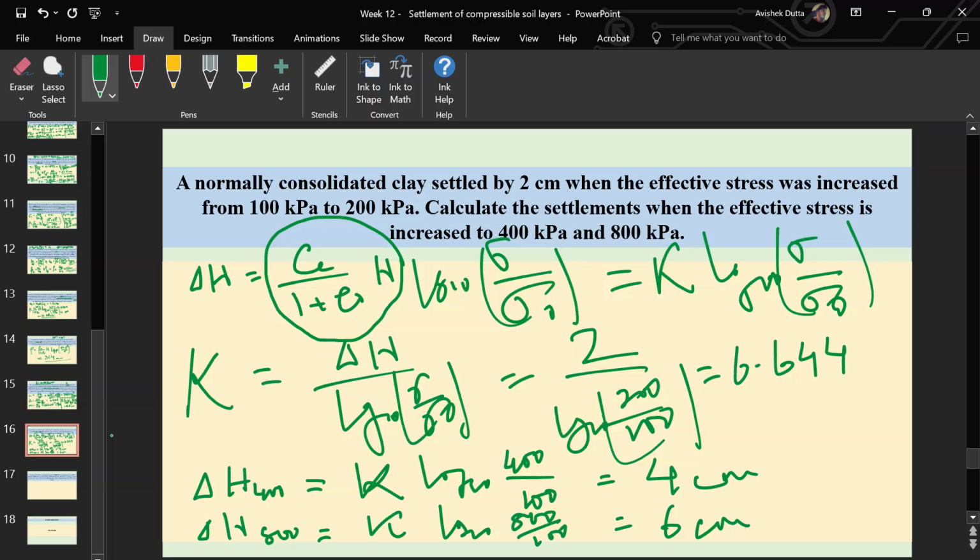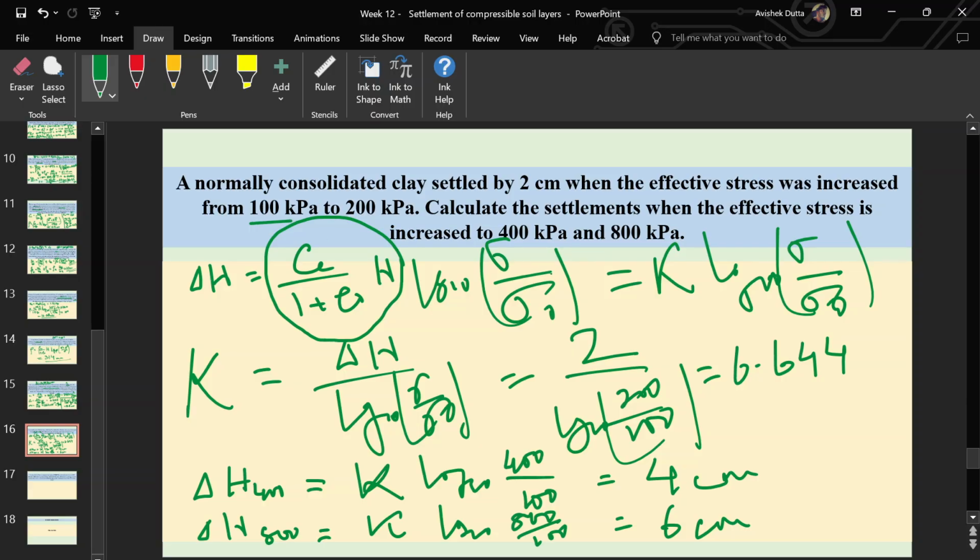Yes, once you have got the value of k, whatever the ratio you can find out, because here I have mentioned increased to 200. So the question lies in increased to what from what? So initially it was 100. So 100 is the base right now.